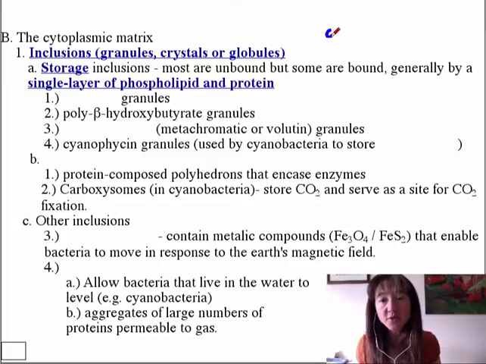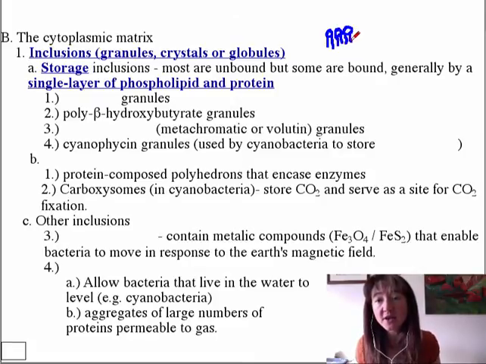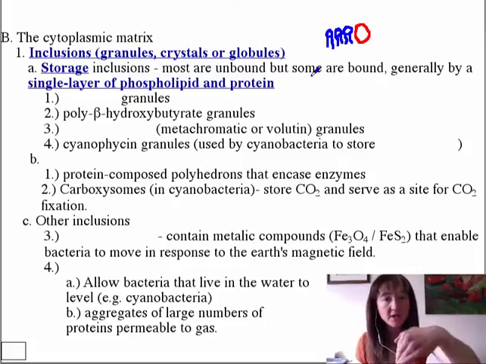So rather than a true bilayer, we might just see this single layer of phospholipids, a monolayer, and sometimes interspersed within that monolayer, we might see proteins. But do take note that that's a single monolayer and not a bilayer. These are usually about 2 to 4 nanometers thick, and they will bound these storage inclusions.